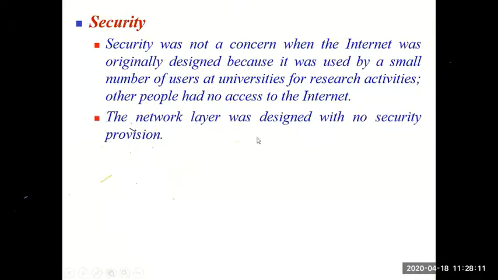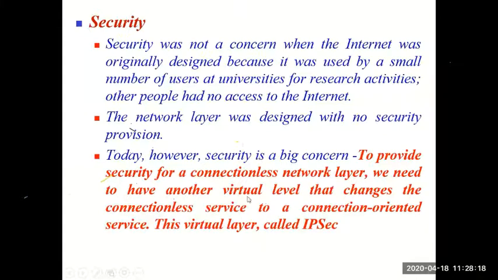Anyway, the network layer had no security provision initially, but today we have added one more virtual layer in the network called the IPsec layer. See here, it's known as IP security, or the IPsec layer. It has been added to the earlier existing network layer.